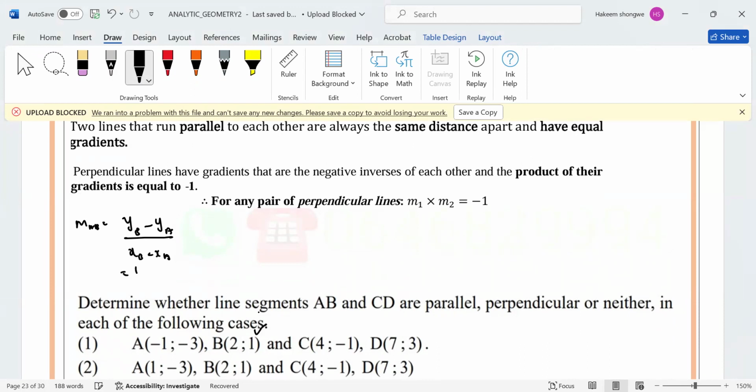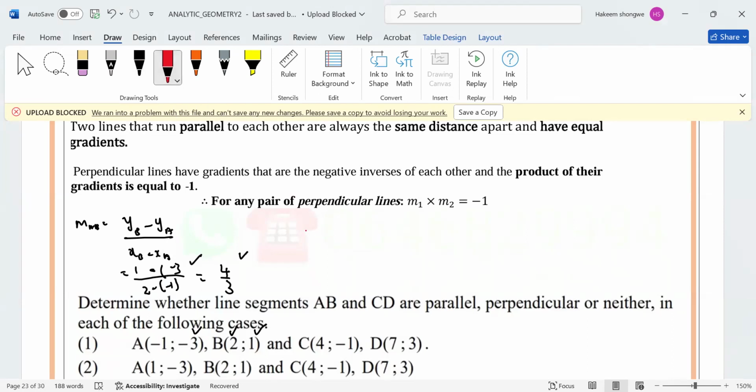It's 1 minus open bracket, what is Y at A? Minus 3, all over, what is X at B? It's 2 minus 1. If we type this in your calculator, what do you get? We get 4 all over 3.